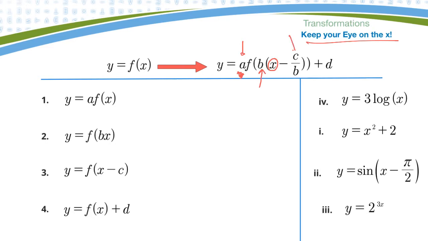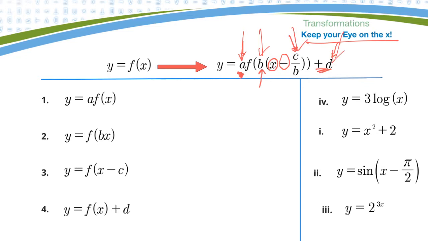This letter C that is still in brackets, but it's being added or subtracted to x, does something. And this D at the end also does something. I'm adding or subtracting something at the end, and it transforms the graph somehow. It's important to be able to label which number is an A, B, C, or D.